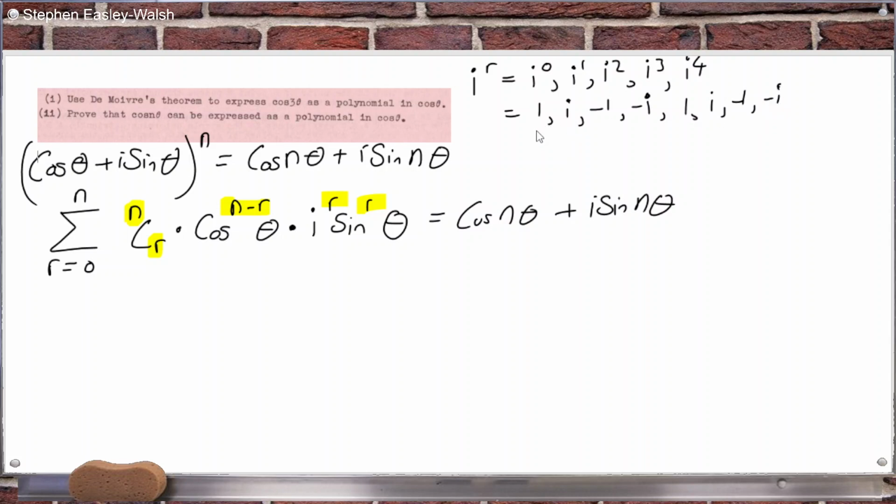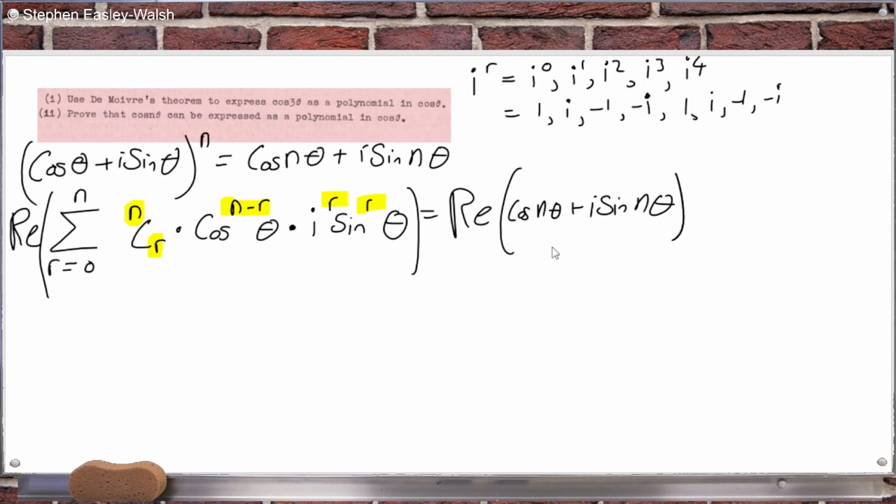So you can note that if you were to only look at the real part, the real part here equals the real part there, cos n theta.